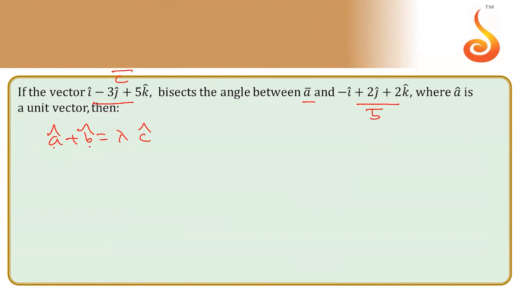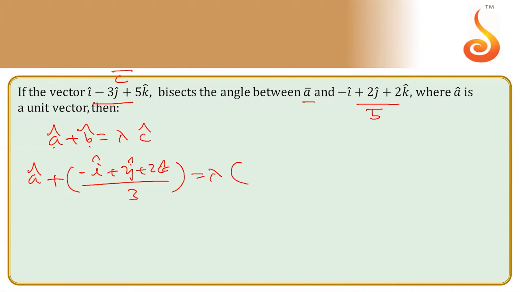So A cap is A cap only, plus B cap means minus I plus 2j plus 2k by 3 equals lambda times C cap. Here C cap is not required, only C bar is enough, because one side is cap and the other side is a normal vector.